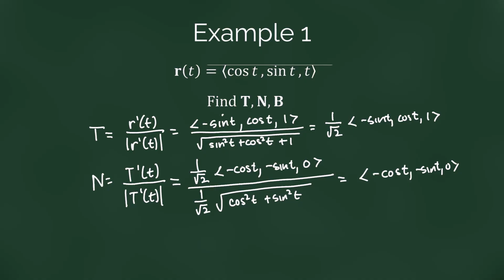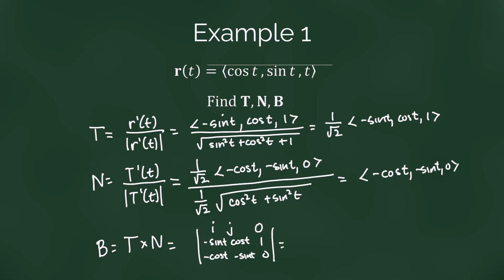The last vector we need is the vector B, which we know is going to be T cross N. So if we take the cross product of these, we're taking our determinant, so we're going to get 0 minus negative sine t, which is positive sine t, times i, minus, and then we get 0 minus negative cosine t, so we get negative cosine t times j.